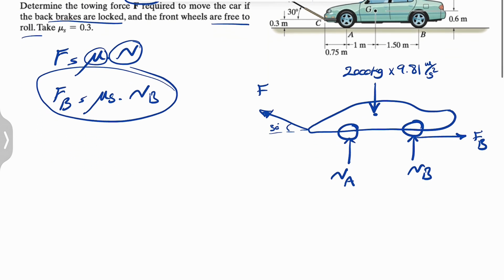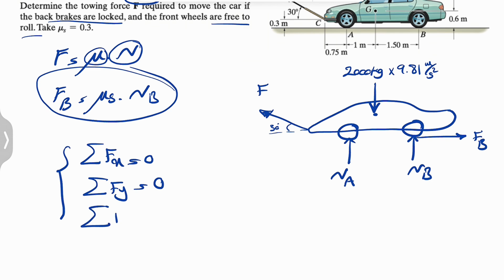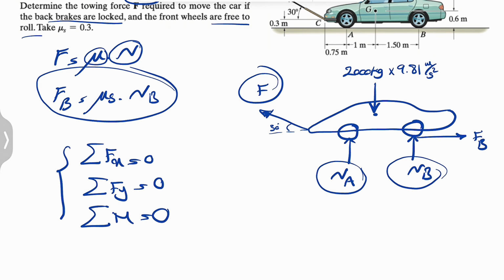So we're going to use our equilibrium equations: sum of all forces in x equals 0, sum of all forces in y equals 0, and one moment equation. Looking at this, we have F unknown, NA, NB, and FB is 0.3 NB. So 3 unknowns, 3 equations, so we should be able to find them.